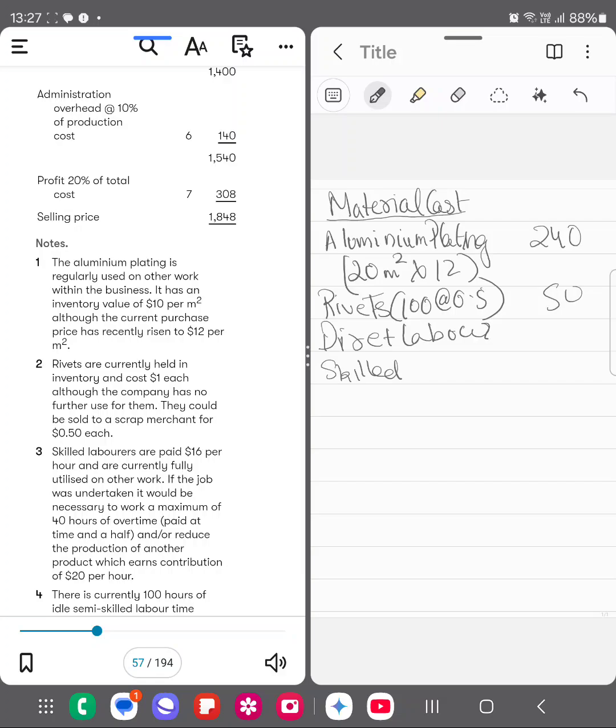But now we need to decide what the cheapest option is, because they have an option. Either they divert this labor from some other work and engage it in the current project, or they hire labor that would be paid on an overtime basis.